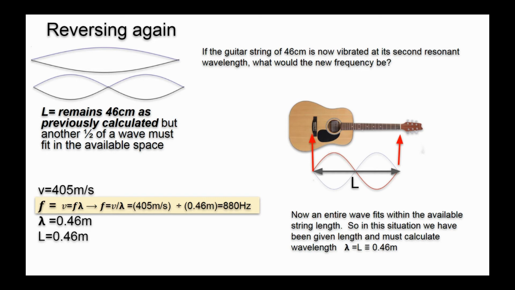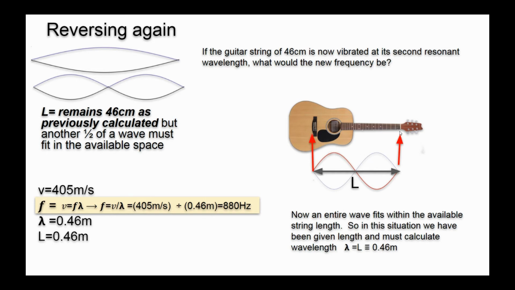So it stays fixed as 46 centimeters, but you have managed to pluck the guitar string into its second resonant frequency, which is called a hammer-on. And instead of vibrating like this, the guitar goes into a resonant frequency like this, and you get the node in the middle. Well, let's look at that now.